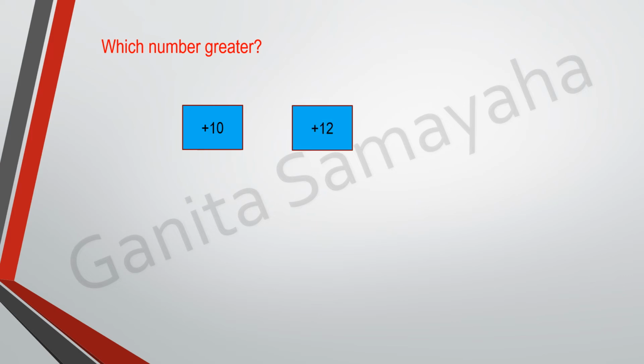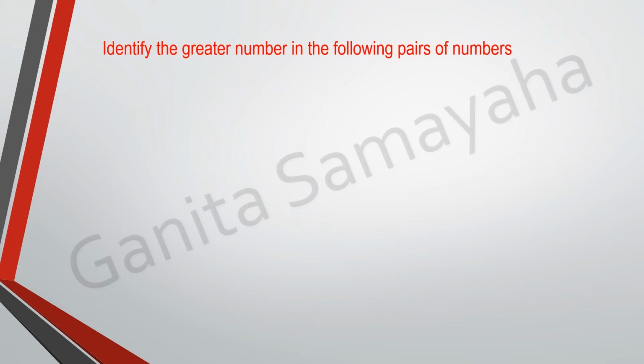Yes, plus 12 is a greater number. Now, between plus 5 and plus 99, plus 99 is the greater number. So, with positive numbers, it is very easy. Both are positive integers. Let us take a few more examples and discuss.